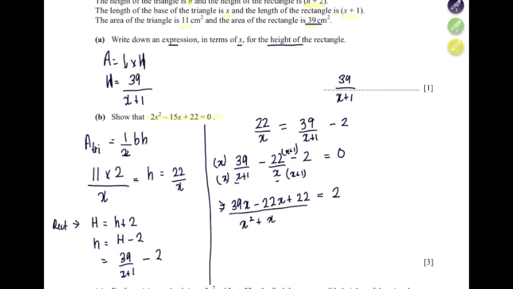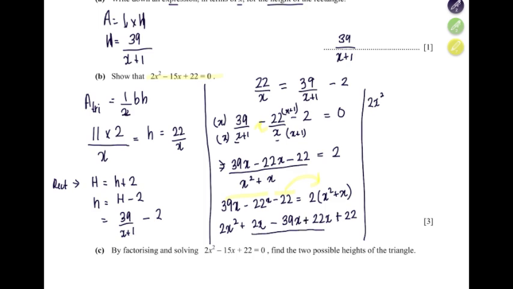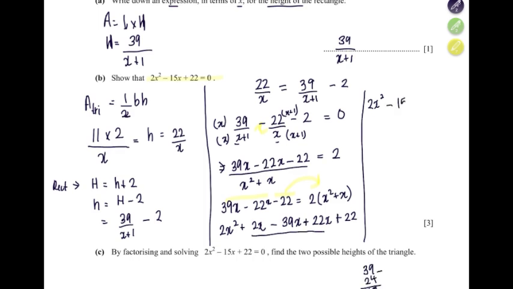Let's move the denominator to the other side. 39x minus 22x plus 22 equals 2 times x squared plus x. Let's simplify it more: 2x squared plus 2x. Now I'm going to move these to that side. Minus 39x plus 22, minus 15x plus 22 equals 0, and this is our final answer.